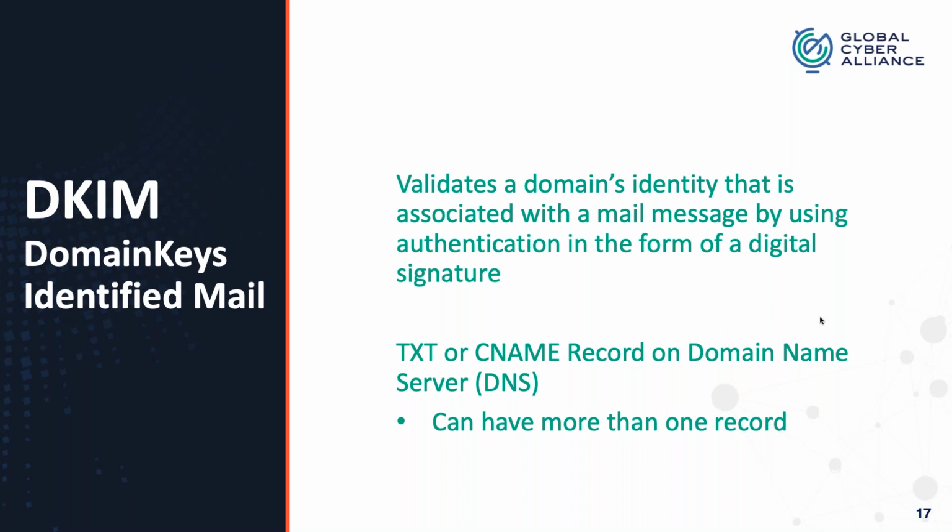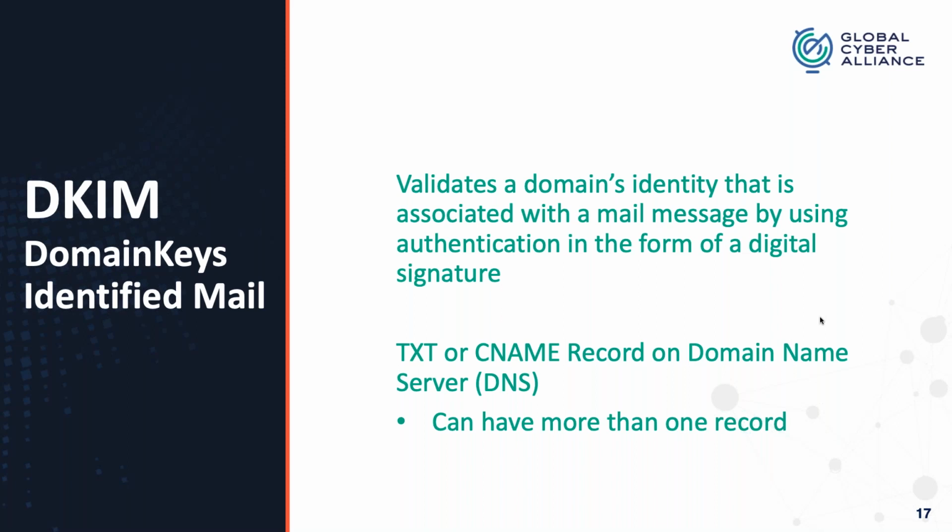Okay, so when you're creating this, there are multiple parts to it, but one part is that you're going to be creating a record, again, on your DNS, right? And this type of record can either be a TXT or a CNAME record. It depends on what you're using for your DKIM signing and DKIM creation capabilities.